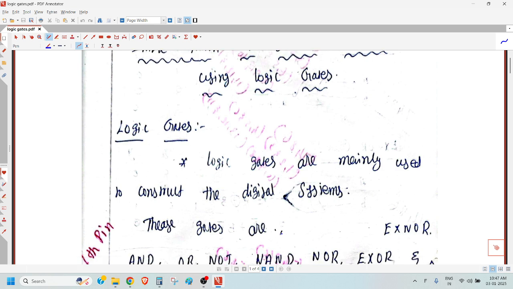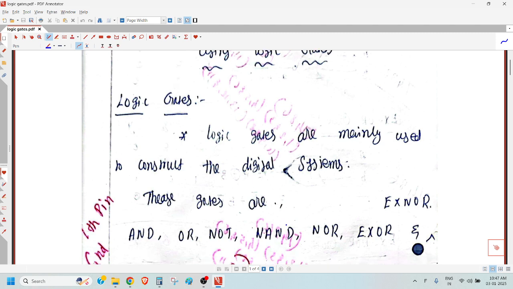Before moving into this, how many gates are available? First one is AND gate, OR gate, NOT gate, NAND gate, then NOR, XOR, and XNOR. So totally we have seven basic gates available.